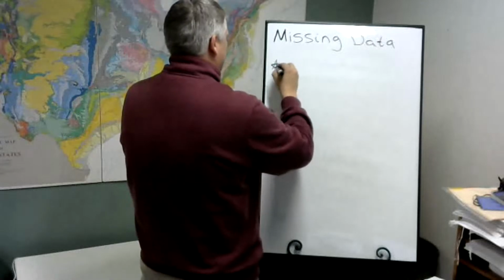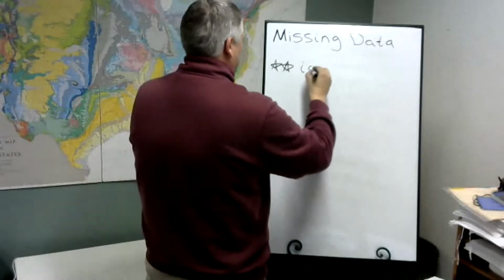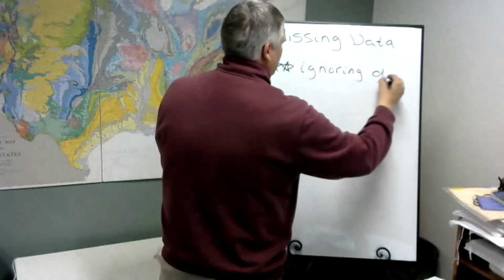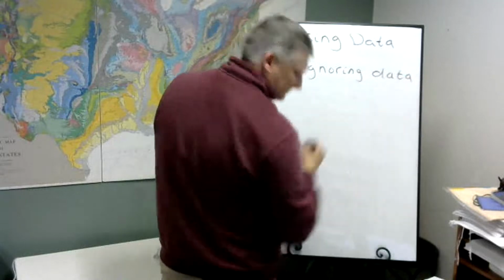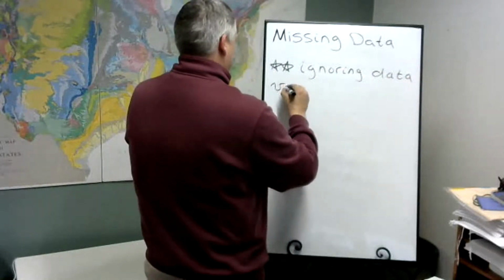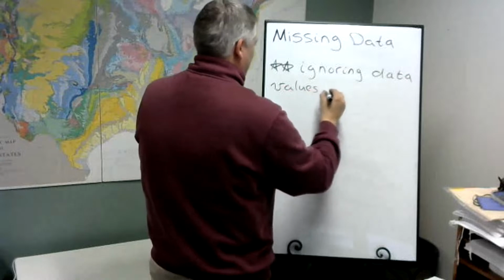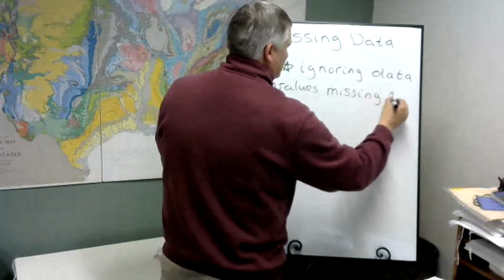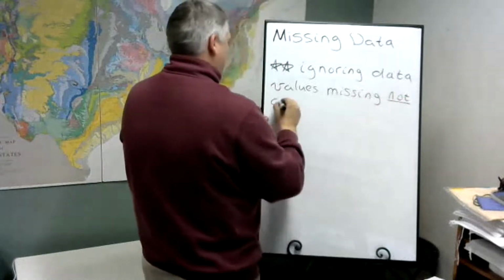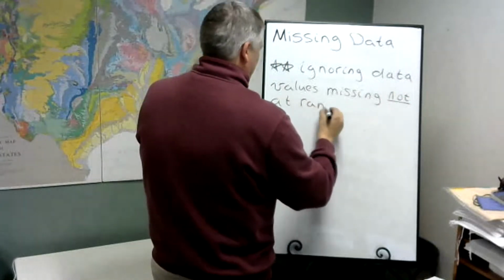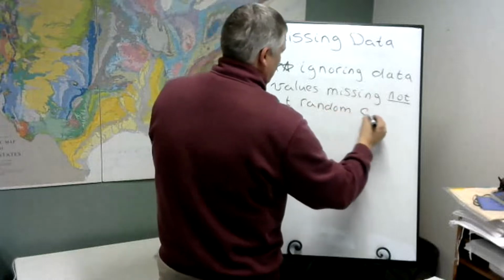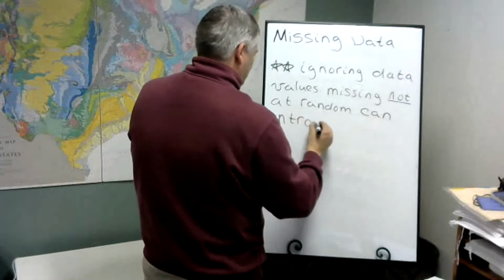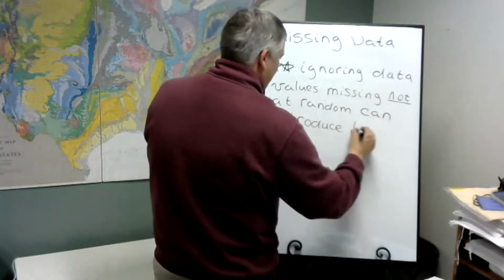Double star this. Ignoring data values missing not at random can introduce bias.